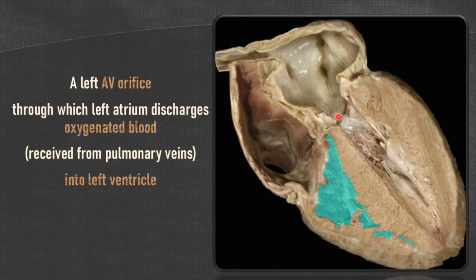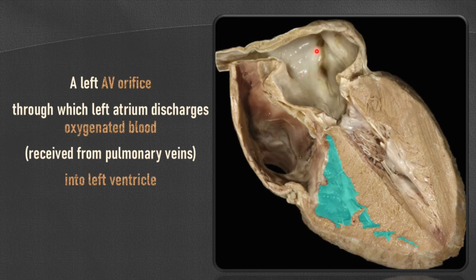Again, a left AV orifice through which the left atrium discharges oxygenated blood into the left ventricle. Now this is the left atrium which receives blood through the pulmonary veins from the lungs.